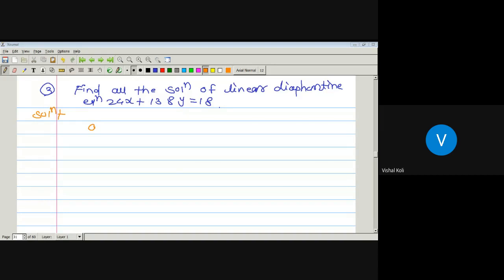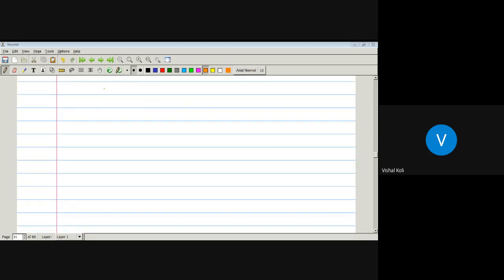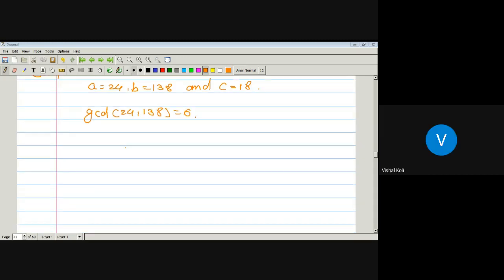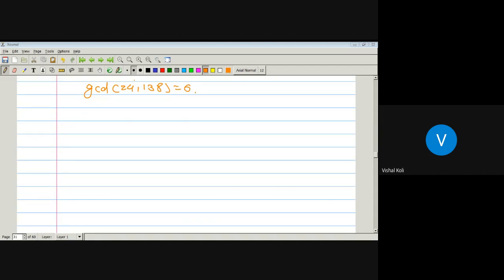So by comparing, A is 24, B is 138 and C is 18. So what should be the GCD of 24 and 138? 6. GCD of 24 and 138 is equal to 6. But we require the values of x0 and y0. So we will express this 6 as a linear combination of A and B, and for that we will require Euclid's method.